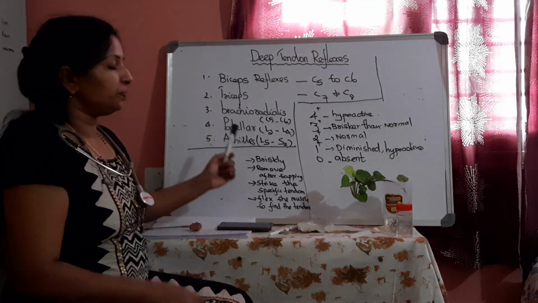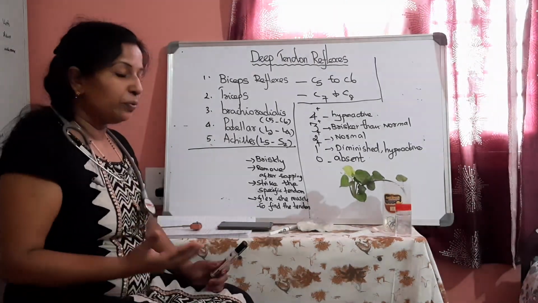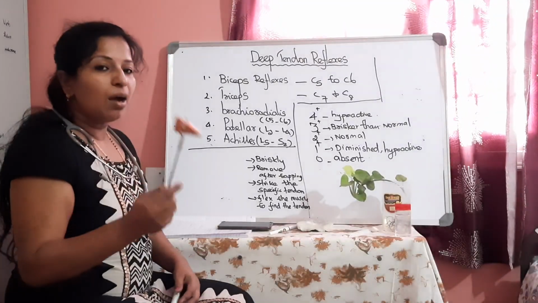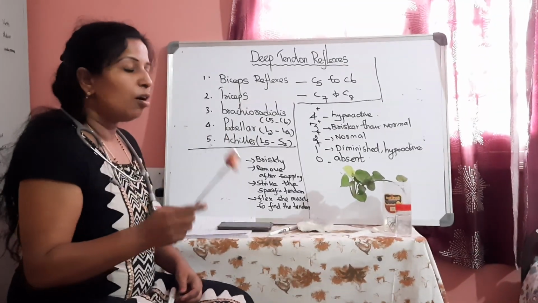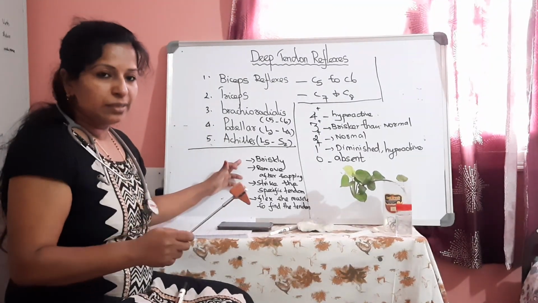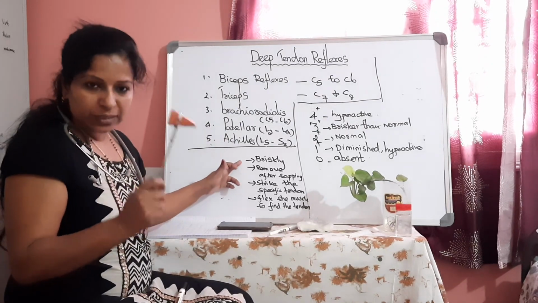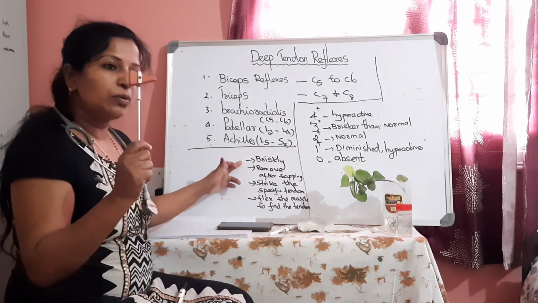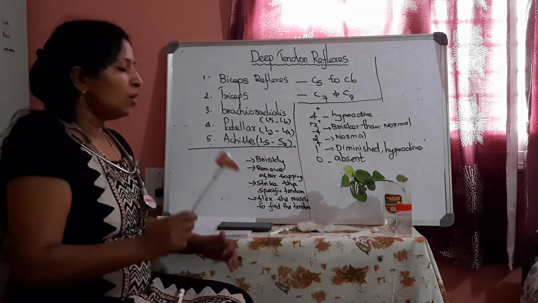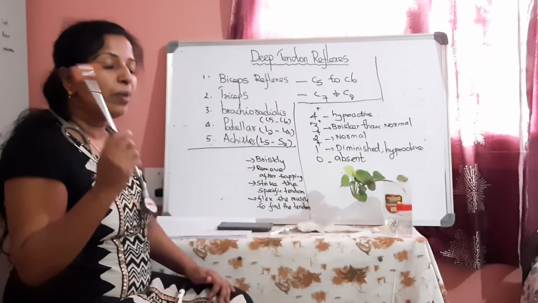When you are doing the deep tendon reflexes, you need the knee hammer. With the help of the knee hammer, you have to briskly tap over the tendon. You have to identify the specific tendon, tap over it briskly, and remove the knee hammer after tapping.